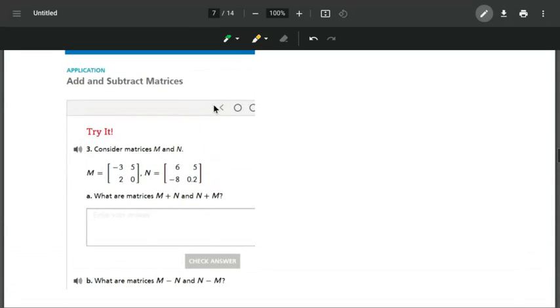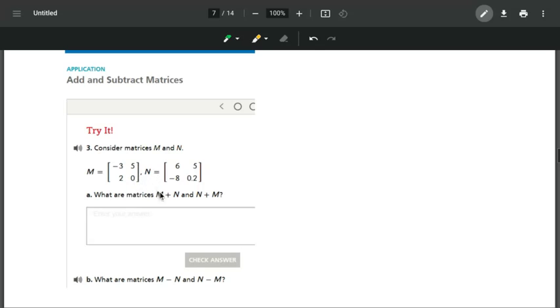I've got matrices M and N, and they want to know what is M plus N, and then what is N plus M. Let's do M plus N first. So we're looking at the order. Is the order going to matter? For M plus N, I'm going to add -3 plus 6. -3 plus 6 is 3.